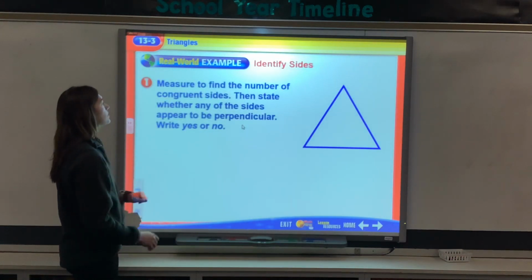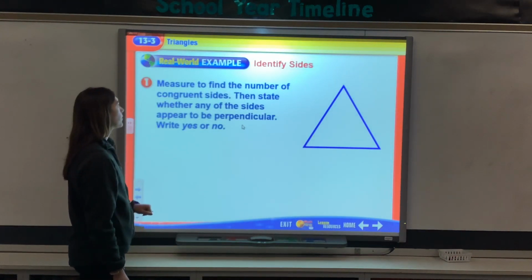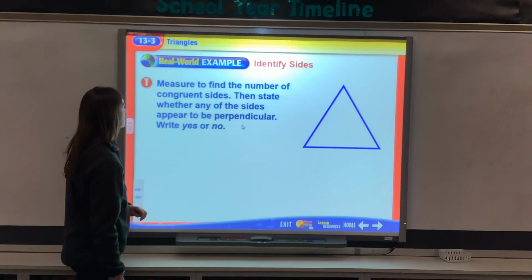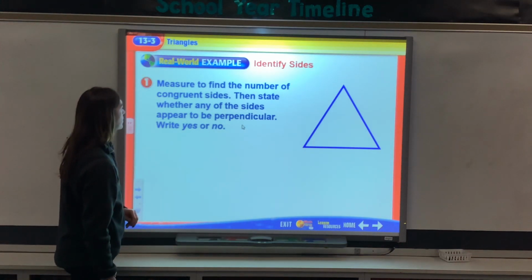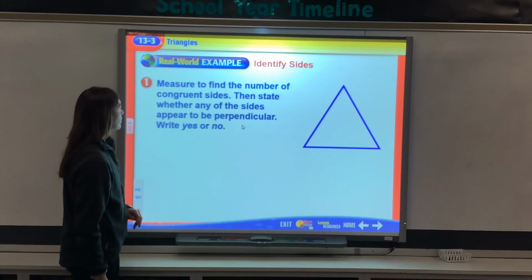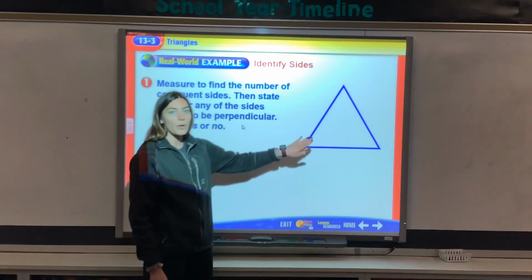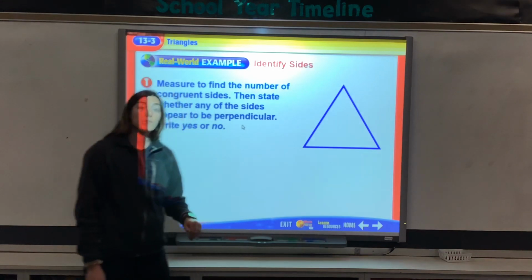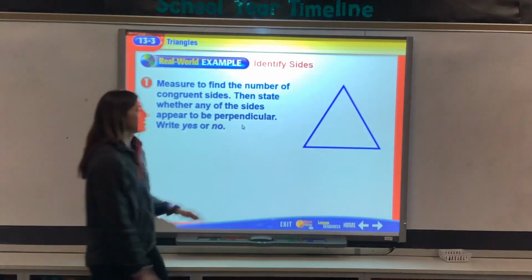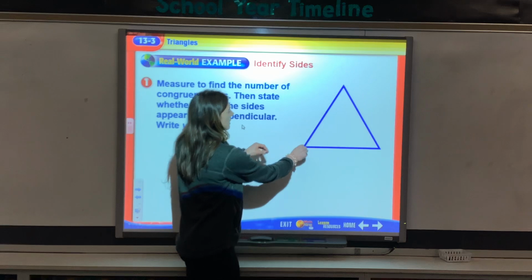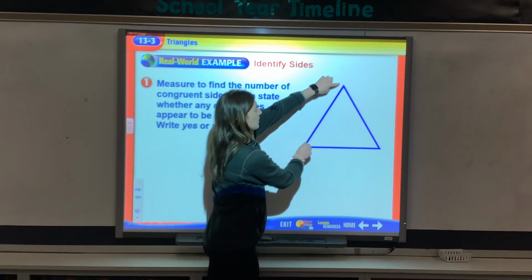All right, we are going to measure to find the number of congruent sides, then state whether any of the sides appear to be perpendicular. Write yes or no. So for this example, when you are measuring, you could use a piece of paper and draw a mark here and a mark here on your piece of paper.